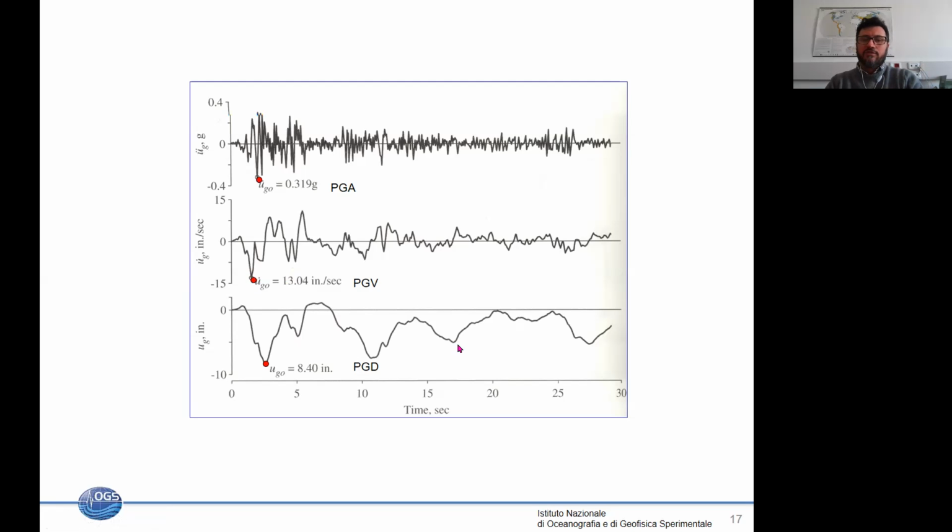And then we have peak ground displacement, representing the maximum displacement recorded on the ground. You see that the shape, though this is the same recording, is quite different depending on whether we look at acceleration, velocity, or displacement. Can you imagine why?